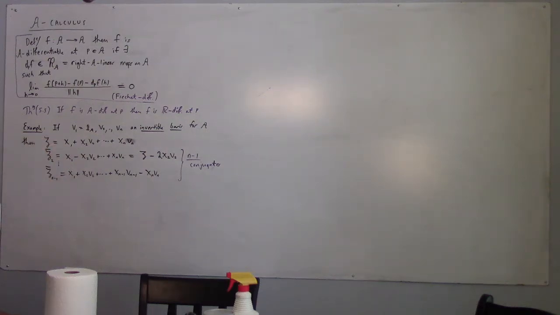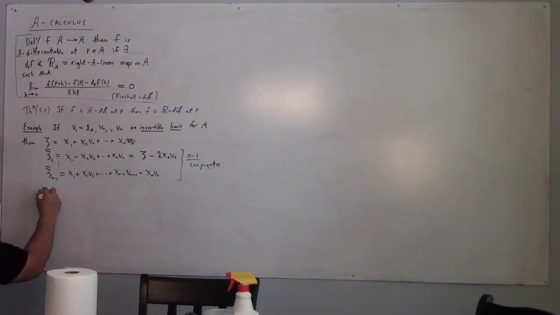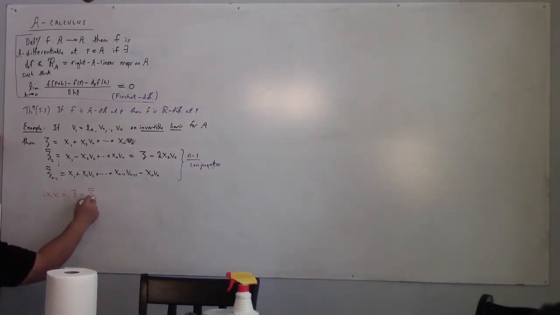Oh no, they're different x terms. So I think it's easiest to see, if you look at that, that gives us 2x_2 equals zeta minus zeta bar_2, right? And actually the same is true for generally j.